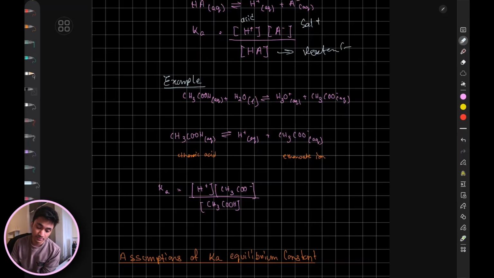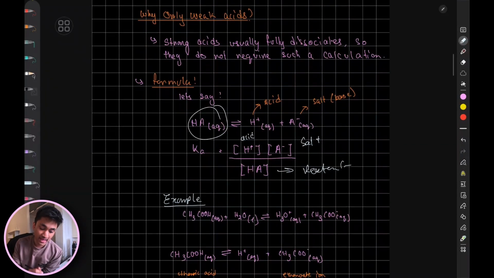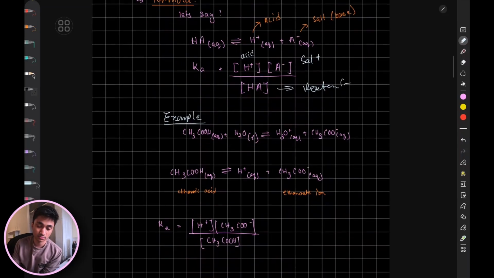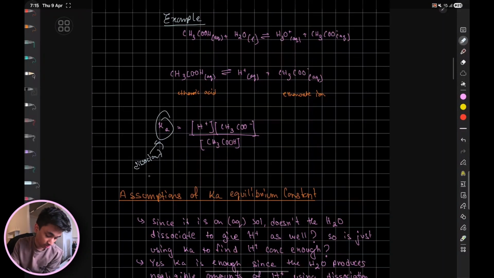What do you not need? In the entire example above, we're working with the weak acid, the acid that is the proton itself, and the salt. Nothing else affects our dissociation constant.